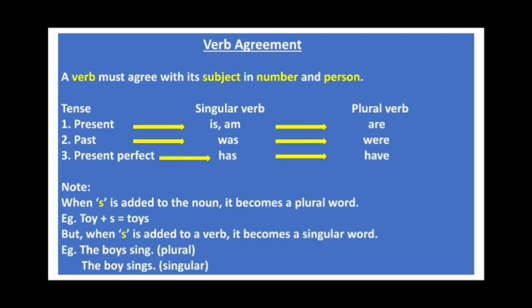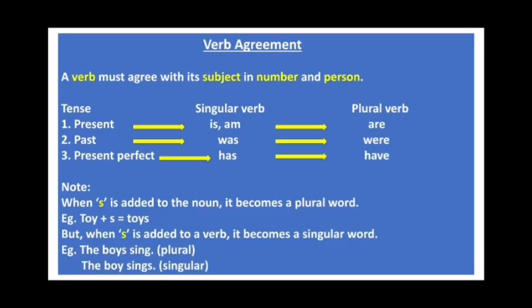That is, when S is added to the noun, it becomes a plural word. For example, toy plus S becomes toys. So, this word becomes a plural word in noun.